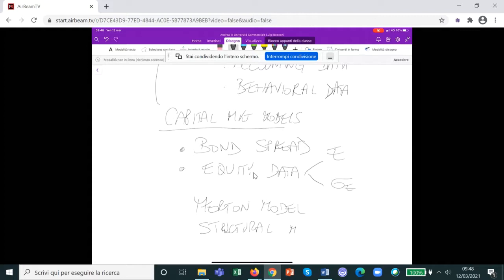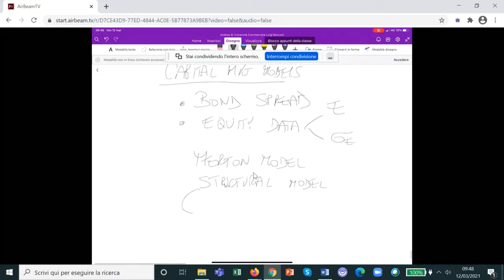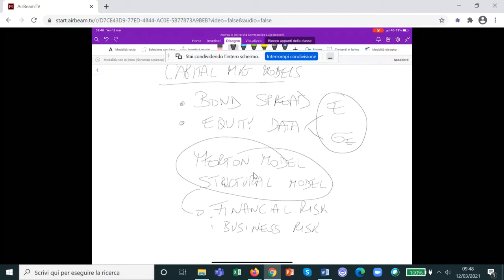Structural features means basically financial risk and business risk of a company. Okay. So we'll see how we can use this kind of data through these models to estimate the company's probability of default. Okay.